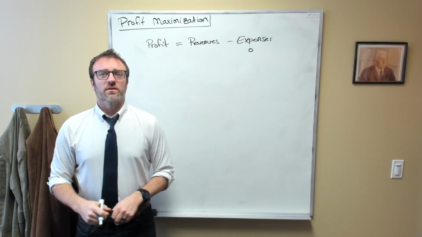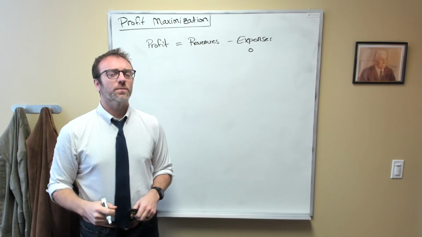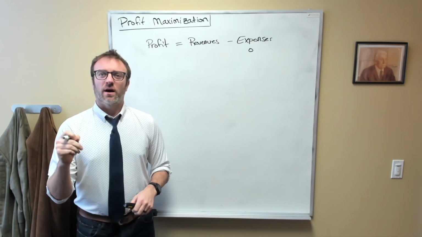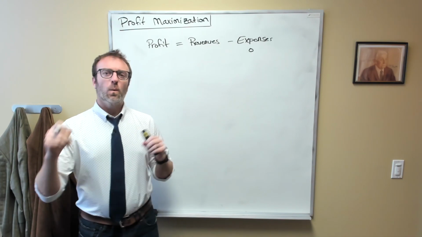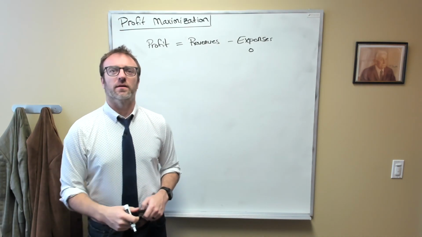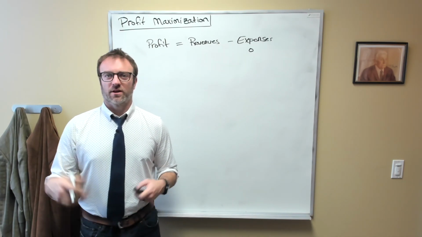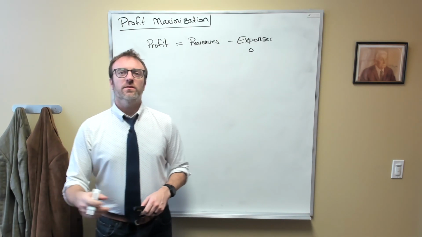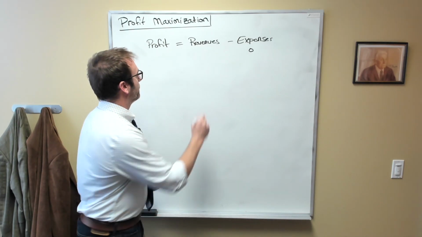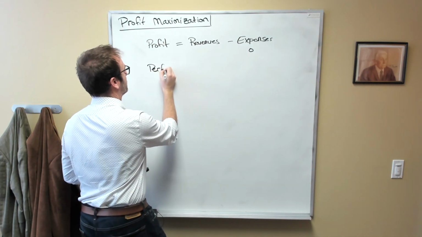So now we have to think about the questions, what should we produce? But also, how much of it should we produce while keeping costs in mind? Let's start really simple, and then we'll add some complexity on top of it later. So let's start by assuming that we have a perfectly elastic demand curve.